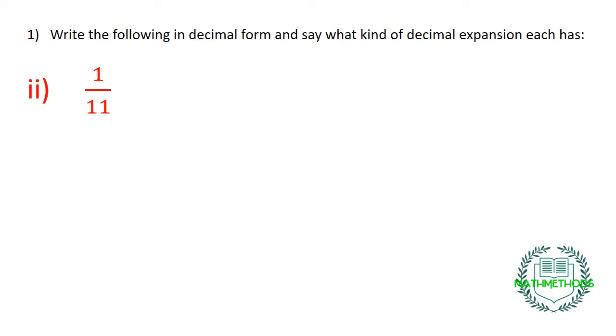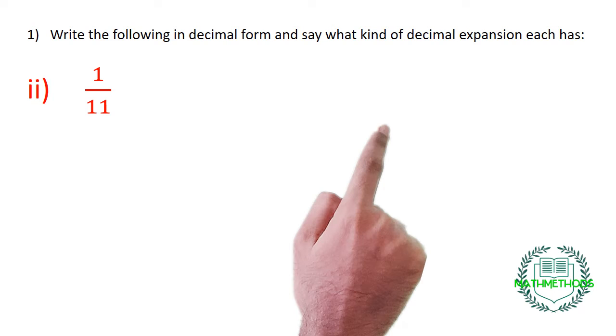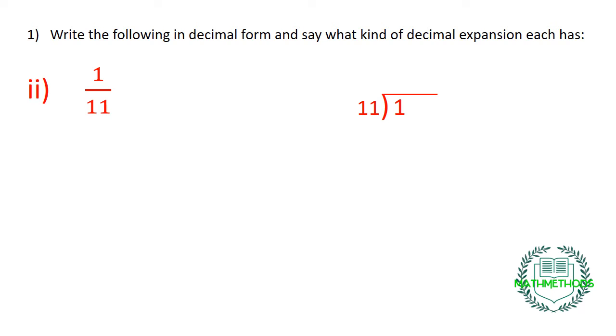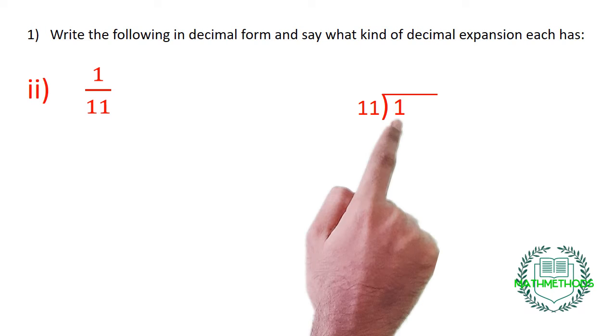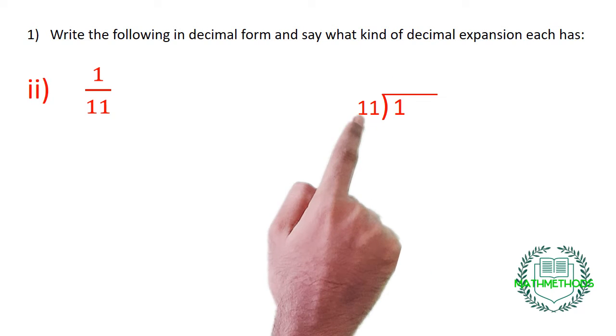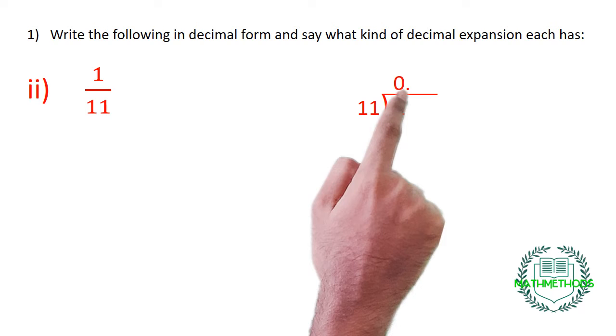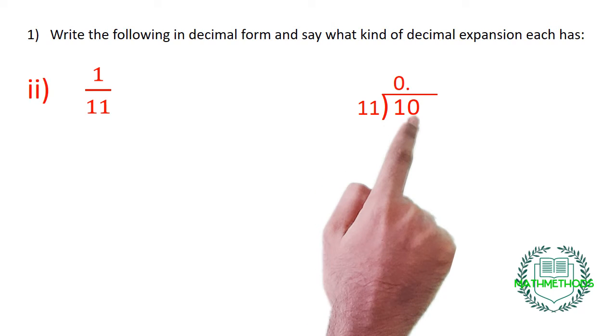Example 2. 1 upon 11. To find the decimal expansion of 1 upon 11, perform the long division. So write here 1 divided by 11. Since 1 is smaller than 11, add a decimal point in the quotient and add a 0 in the dividend.